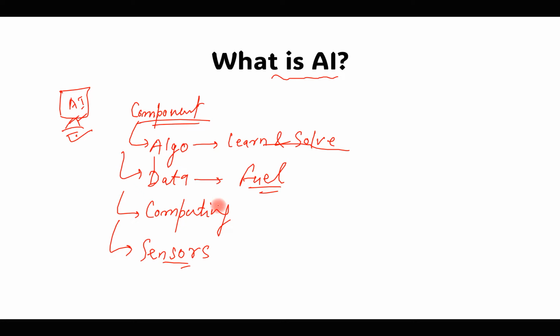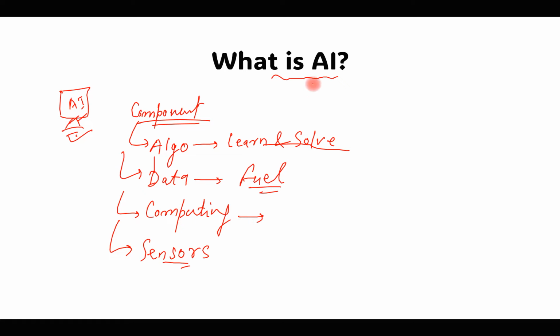Computing power is the need for powerful systems to process all the data that we inject and run these algorithms. And sensors are like the eyes and ears of any AI tool that help it understand the world around it. So these are the four key components we have.